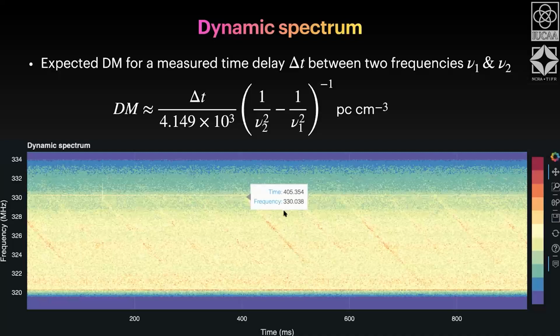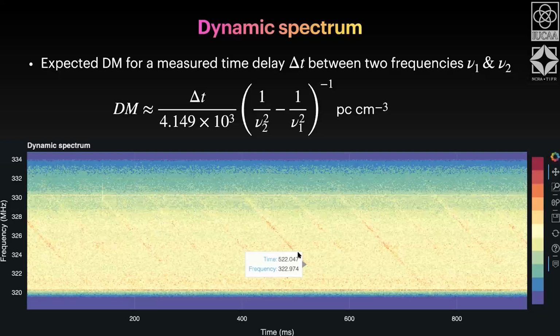It comes at about 405 milliseconds after the start of the observation. And similarly, you can find it for a different frequency, the time at which it comes, as long as it's part of the same signal, presuming that it was emitted simultaneously at the source.